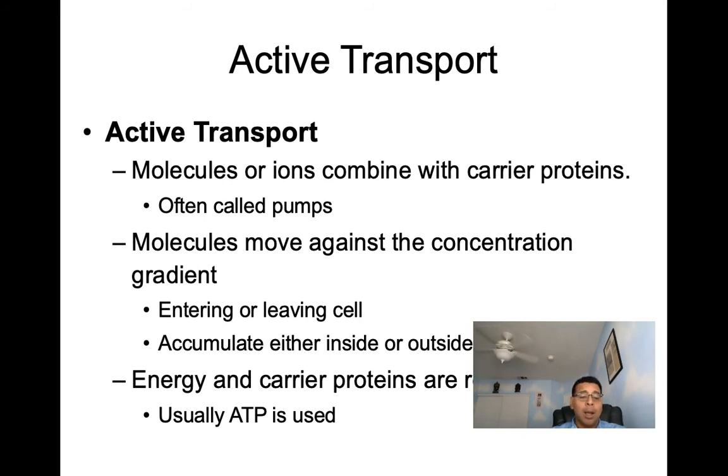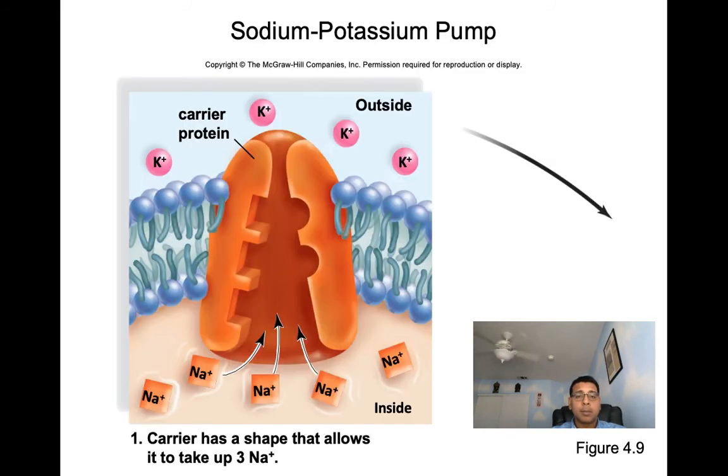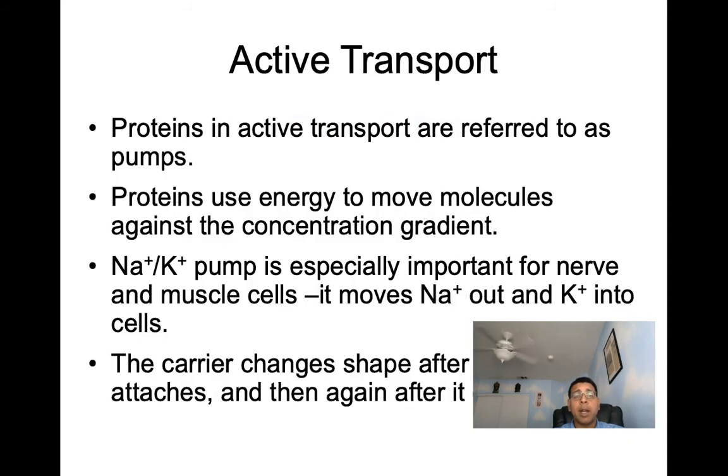We'll talk a lot about the sodium-potassium pumps as we go through the semester. And here we can actually see the sodium-potassium pump. The sodium-potassium pump is going to allow sodium and potassium to move to their respective regions thanks to a carrier and energy.